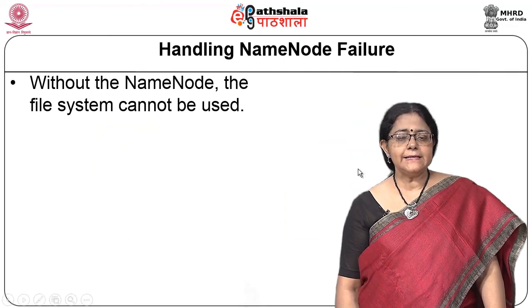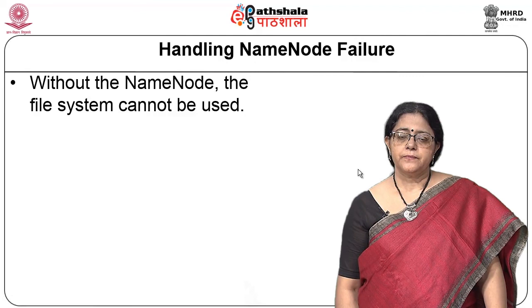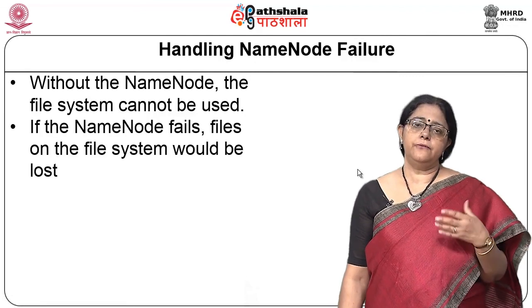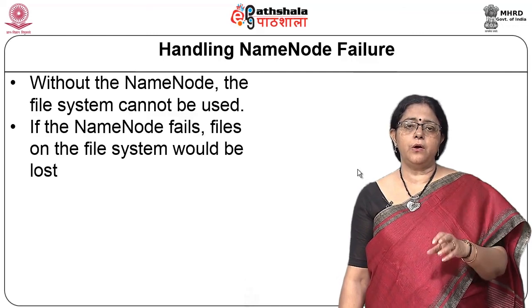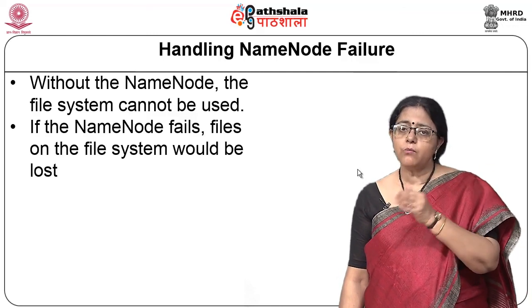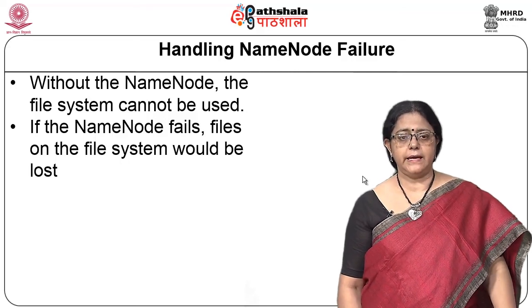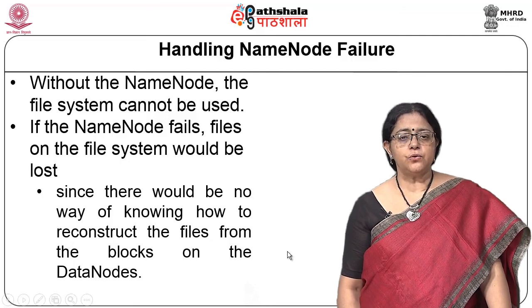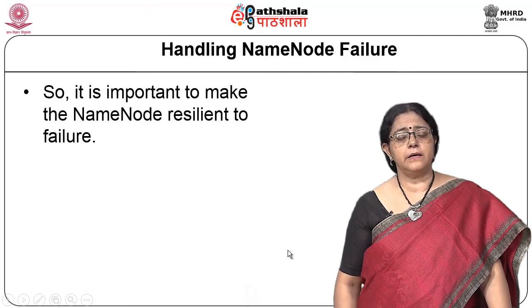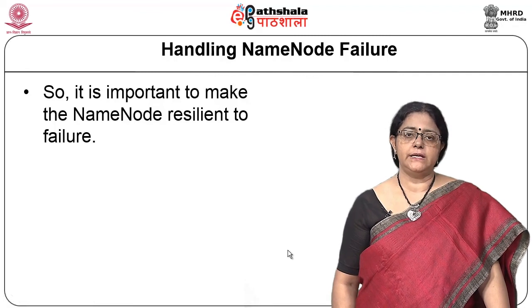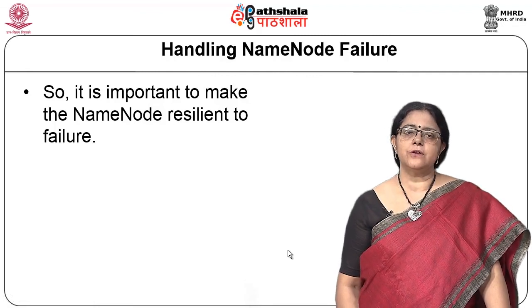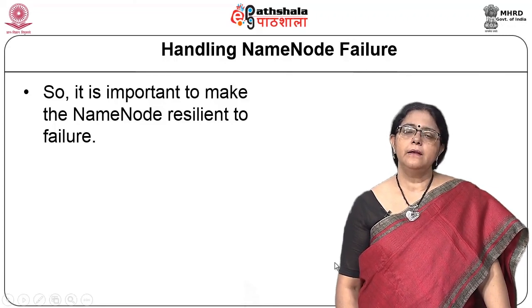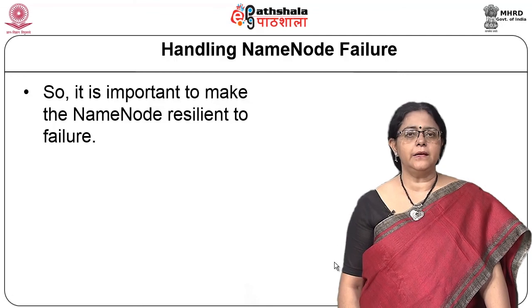In case the name node crashes, then the file system cannot be used, because all the information about the file, how many blocks, where the blocks are, in what way the blocks should be connected, all of this would be gone if the name node fails. So, it is very important to ensure that the name node is safe. We should not allow the name node to fail, but it is also commodity hardware and it will fail.